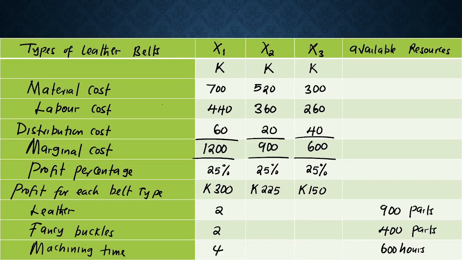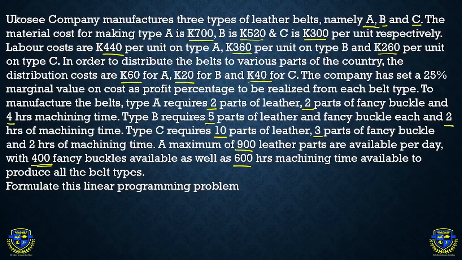Then type C needs 10 parts of leather, 3 parts of fancy buckles, and 2 hours of machining time.